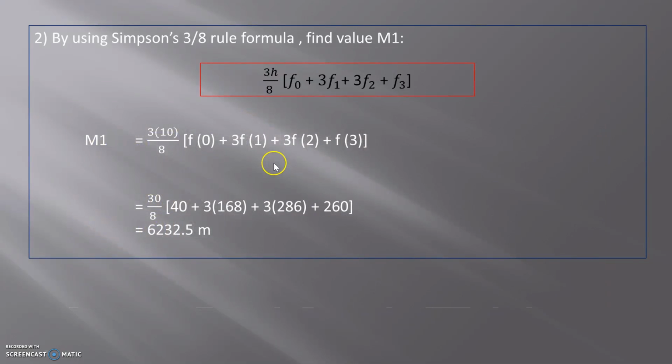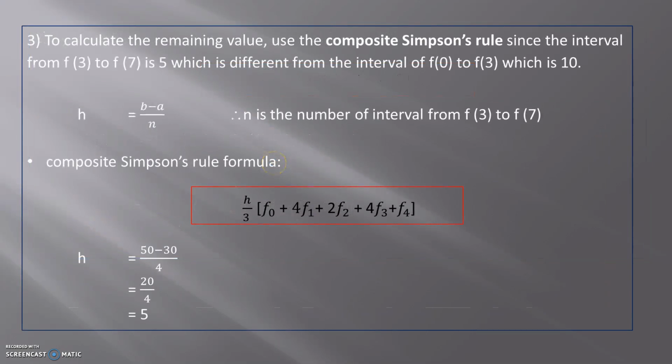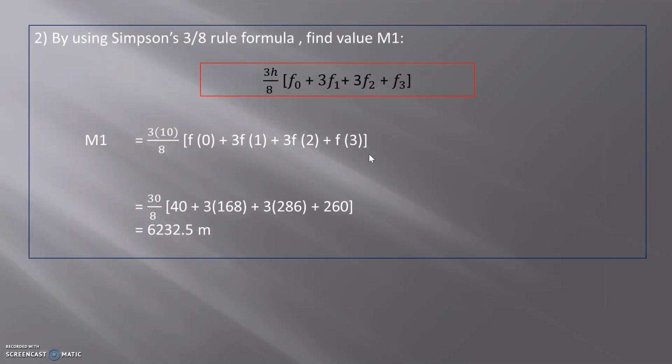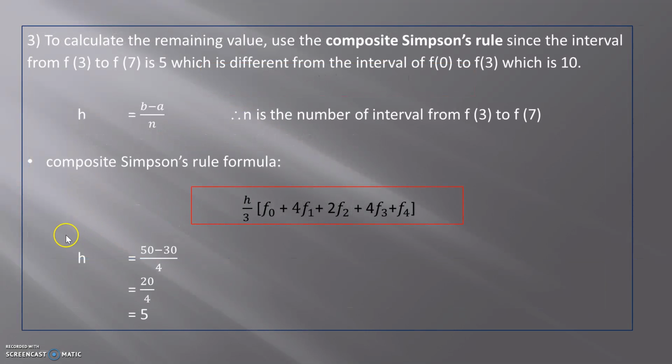So they're having N equals to 4, so we could find H. So H equals to the final data of F7 minus F3 over 4. So 50 minus 30 over 4. So we could find the value of H is equals to 5.